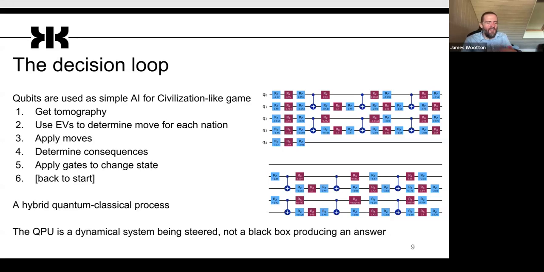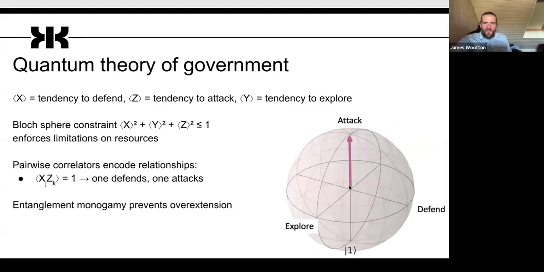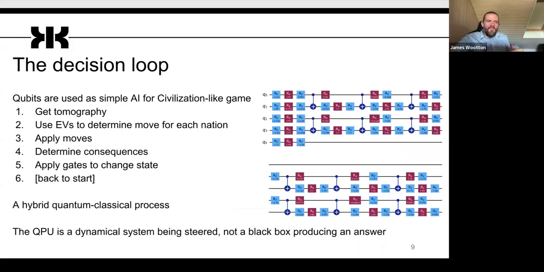So if you're a nation that has lost a lot of territory, then you should apply a gate which is going to increase your defense. It's going to increase your X expectation value so that when the next move comes, you're going to defend and you're going to prevent losing more territory. So you apply gates which change everyone's strategy in a way that makes sense.